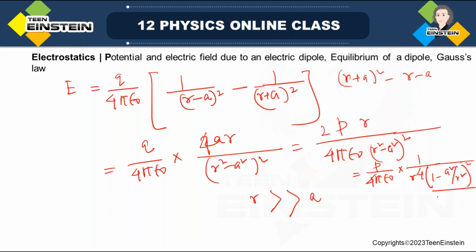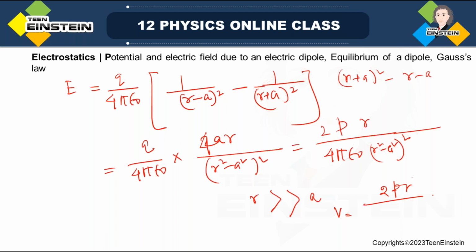So in this case, if we neglect this part, then we get 2pr by 4 pi epsilon naught r to the power 4, then the other part is neglected, so this is r to the power 3, 4 pi epsilon naught r cube.